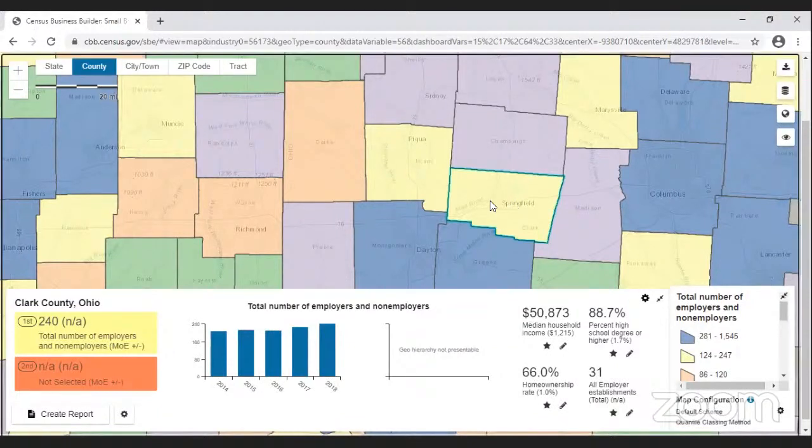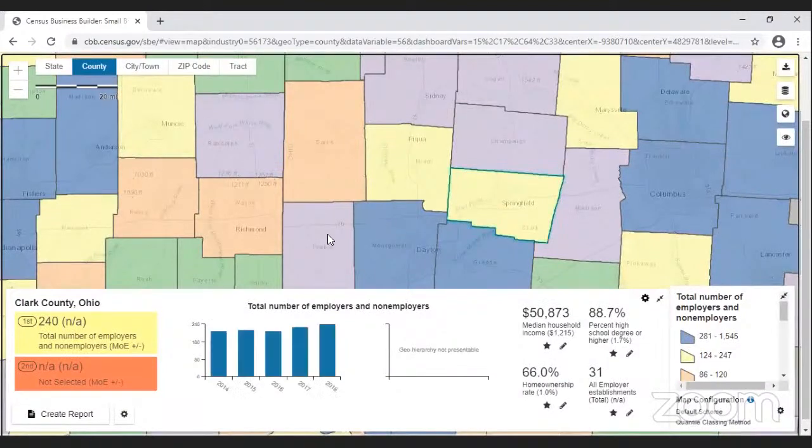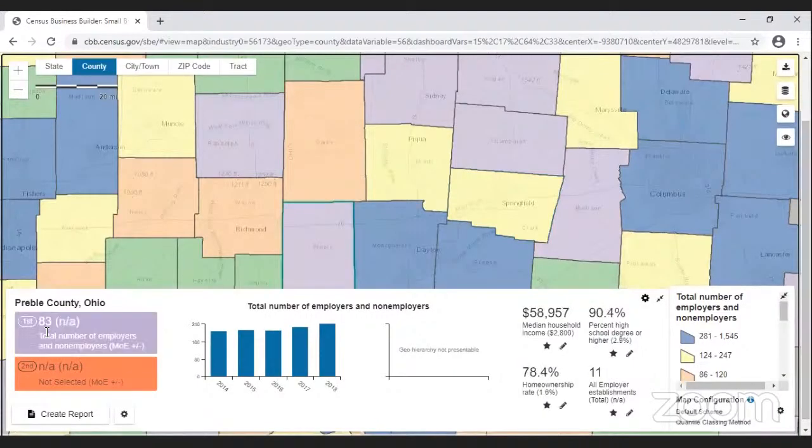If I went to here, I'm clicking on this one, and this is Clark County again. I can click on Preble County and see that Preble County has 83 landscaping businesses.